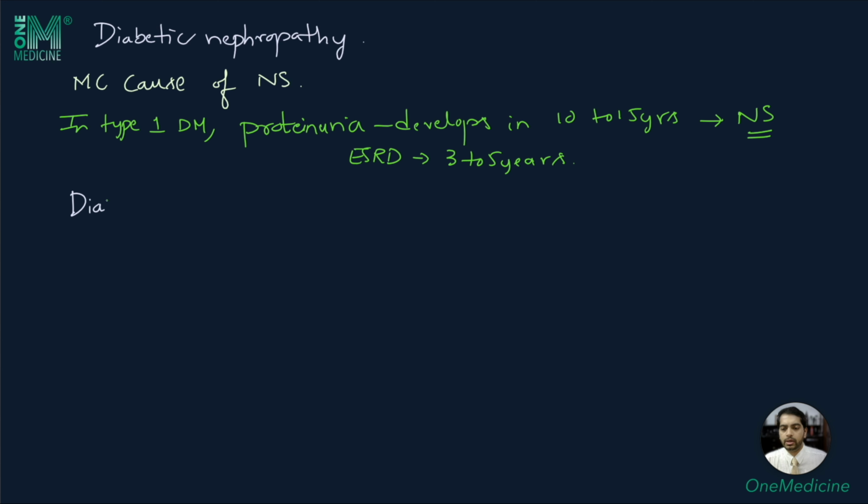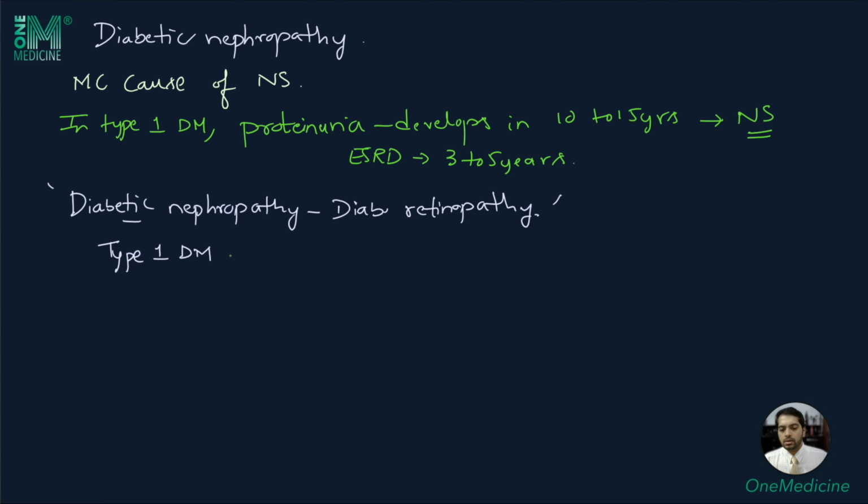Patients with diabetic nephropathy almost always have diabetic retinopathy. This statement holds true in type 1 diabetes, so much so that if diabetic retinopathy is absent, then other causes for nephrotic syndrome should be evaluated.